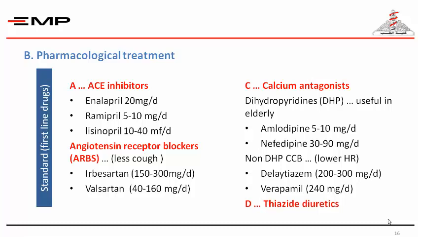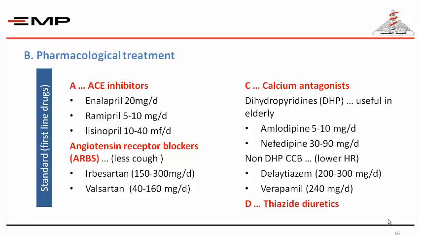The angiotensin receptor blockers are proven to cause less cough side effects compared to the ACE inhibitors, for example irbesartan and valsartan. Letter C is for calcium channel antagonists, dihydropyridines and non-dihydropyridines.